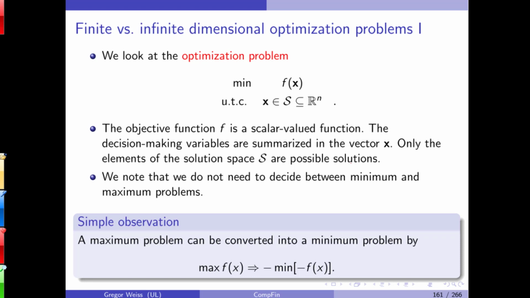Even in Excel, you have an optimizer function, which you can provide with a function to minimize or maximize. And you've already done this in school. You've already, in high school, calculated the maximal points or the minima of a one-dimensional function in the real numbers. But we want to do this now in a more sophisticated way.